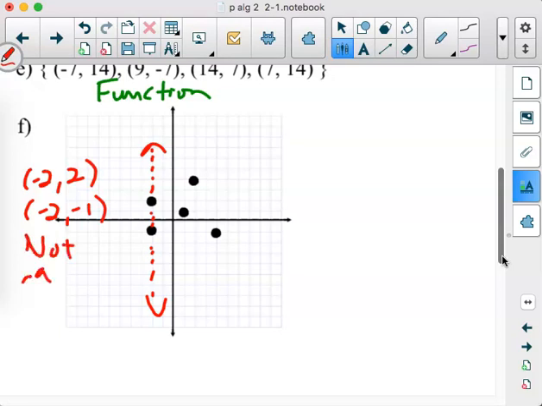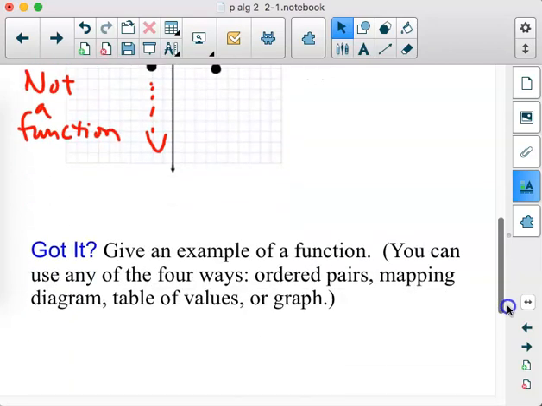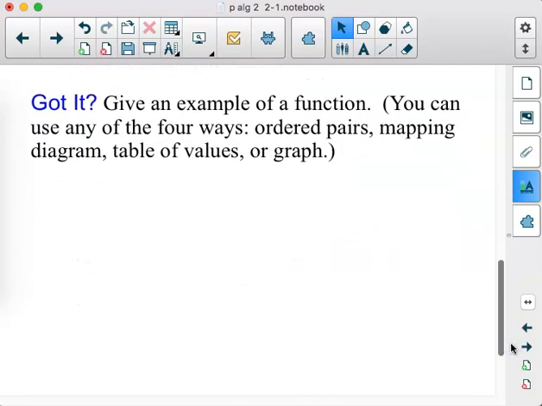So it turns out when they line up vertically, up and down, then it's not a function anymore. The other 3 points are okay, because there are no points straight above or below it that would match it. But we've got that x equals -2 that's going to cause trouble because there would be 2 different numbers kicked out of there.